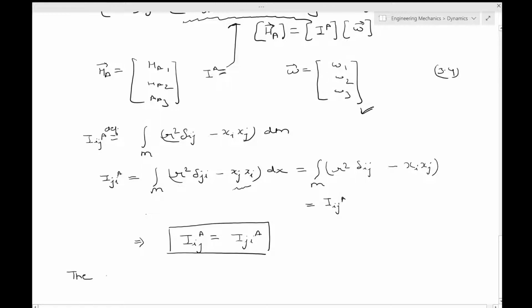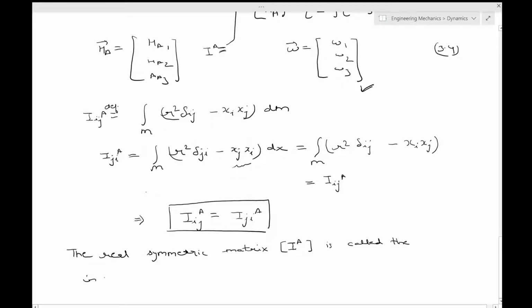So the real symmetric matrix I_A is called the inertia matrix at A, relative to the axes at A.